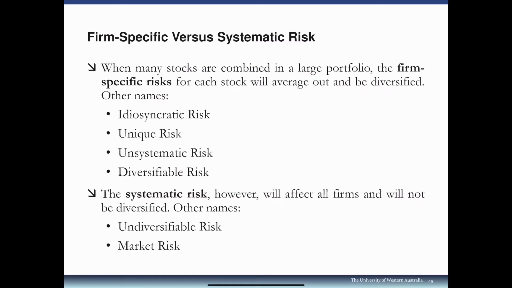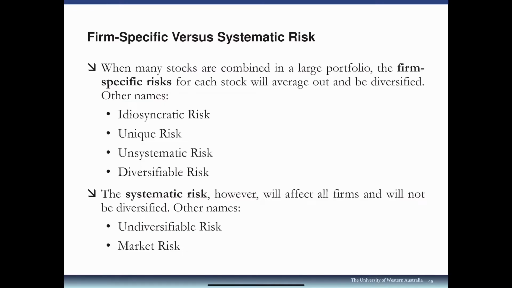That makes them sophisticated, right? Idiosyncratic risk, unique risk, unsystematic risk, diversifiable risk. But personally, I prefer to call it firm-specific risk because that is quite self-explanatory. It's specific to a firm, and that risk component can be averaged out and diversified.